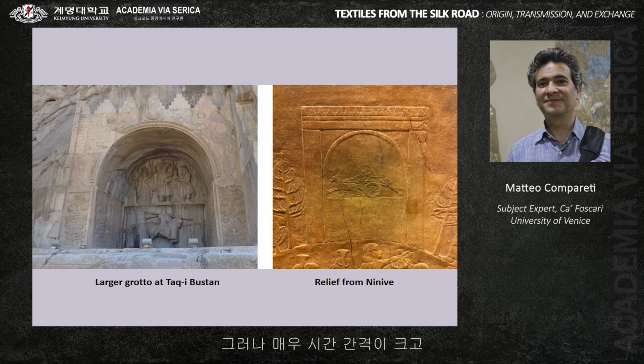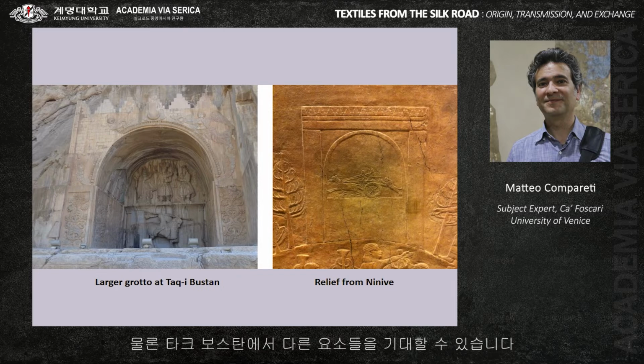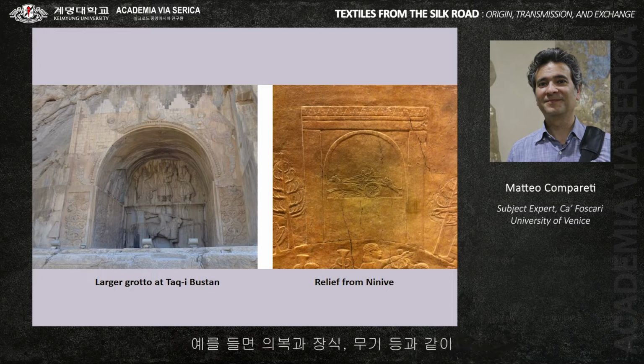But still, despite this very long interval, this very big chronological discrepancy, we have monuments which are very similar. Of course, in Takebustan, we expect to have other elements, such as, for example, the shape of garments and the decorations, some weapons, etc., which are characteristic of a period when this monument was executed.